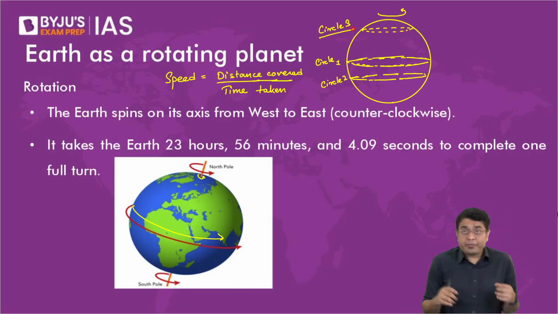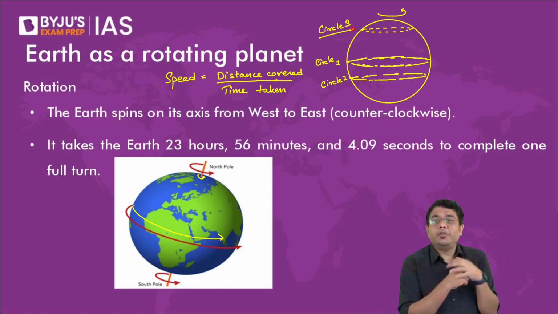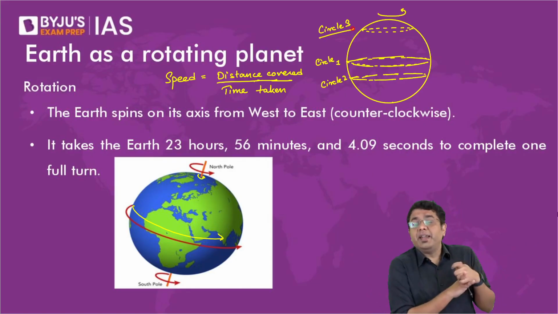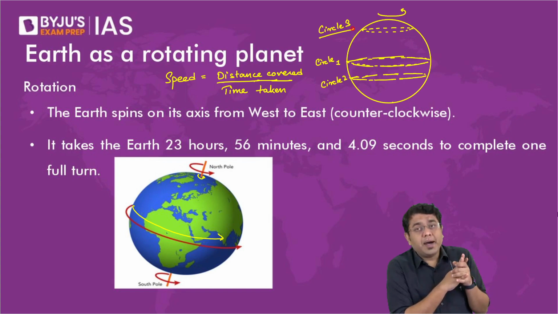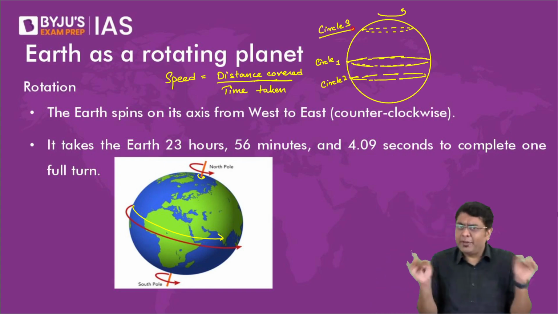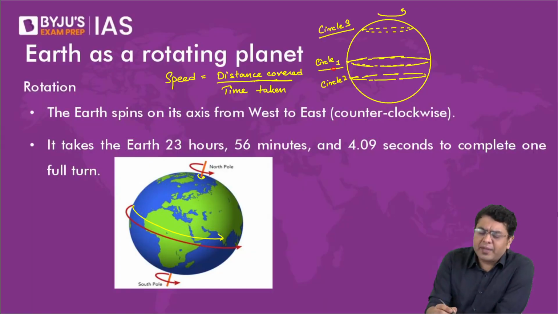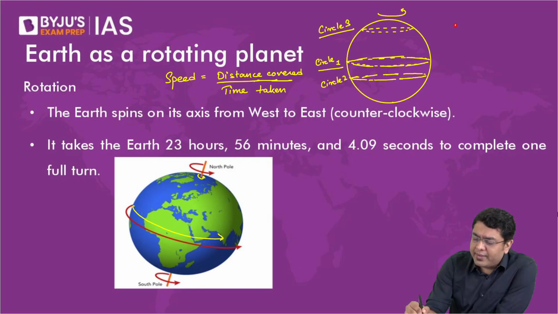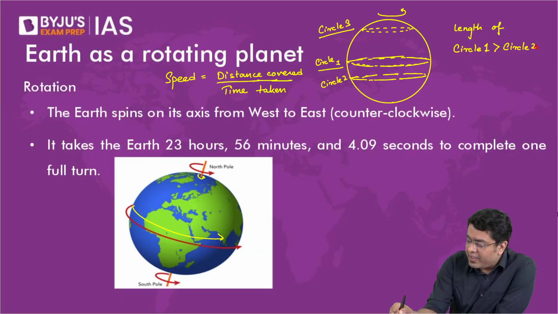I'm sure all of us would have studied the length of a circle. How do we represent the length of the circle? By 2 pi r, isn't it? Very simple. Rather than going into the formula, can I not say that the length of circle 1 is greater than the length of circle 2, which is greater than the length of circle 3?